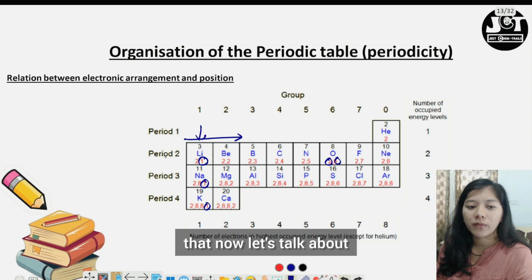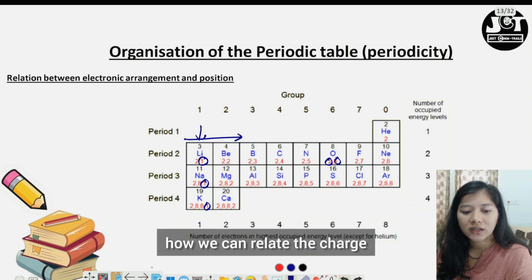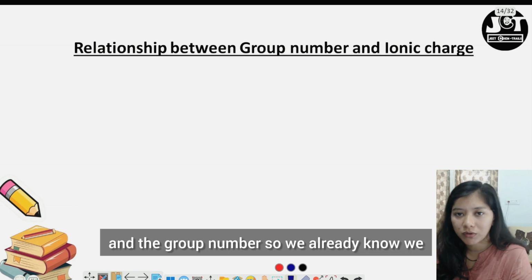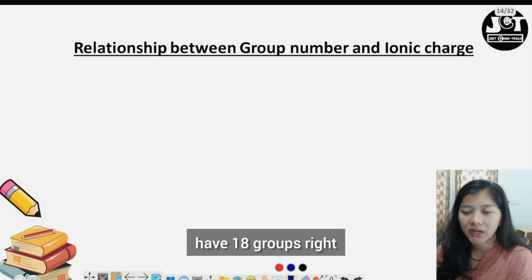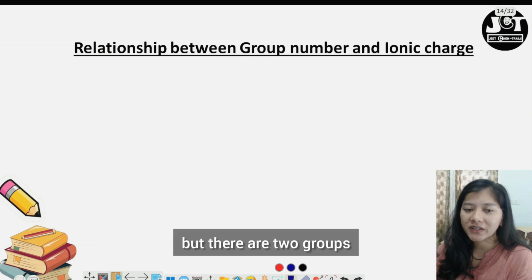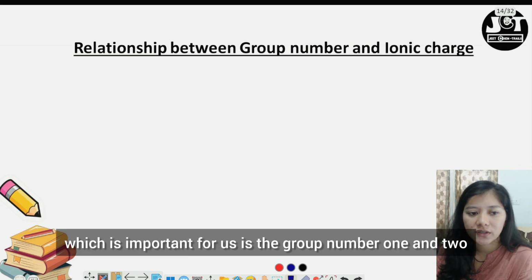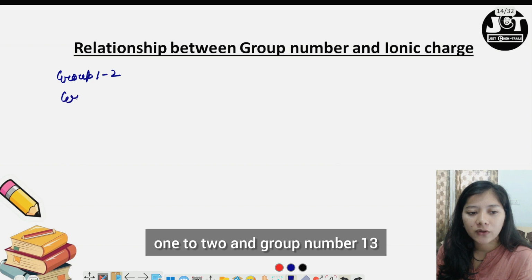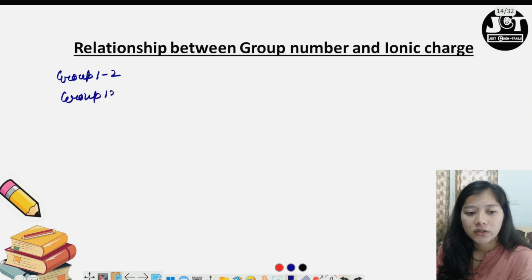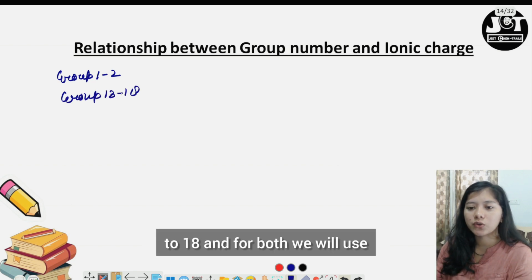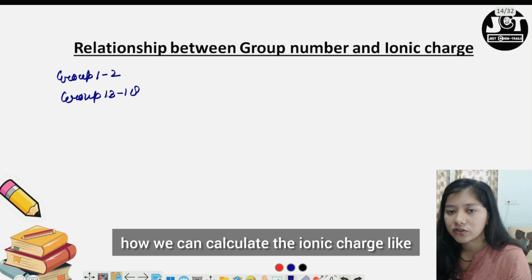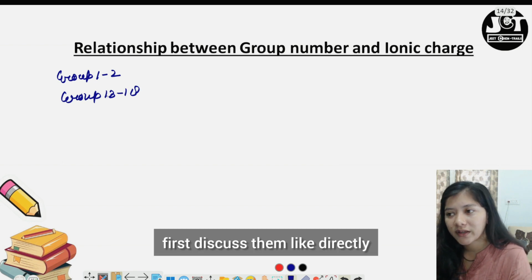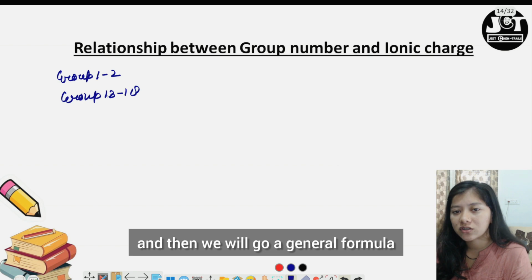Now let's talk about how we can relate the charge and the group number. So we already know we have 18 groups, right? But there are 2 sets of groups which are important for us: group number 1 to 2, and group number 13 to 18. For both we will see how we can calculate the ionic charge. First we discuss them directly, and then we will go to a general formula.